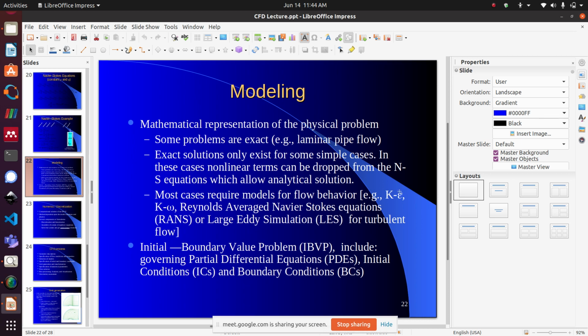There are models called k-epsilon and k-omega models, which we will probably talk about later. RANS and LES, large eddy simulations. Large eddy simulation means eddies of smaller scales are neglected. So this is again a kind of assumption.